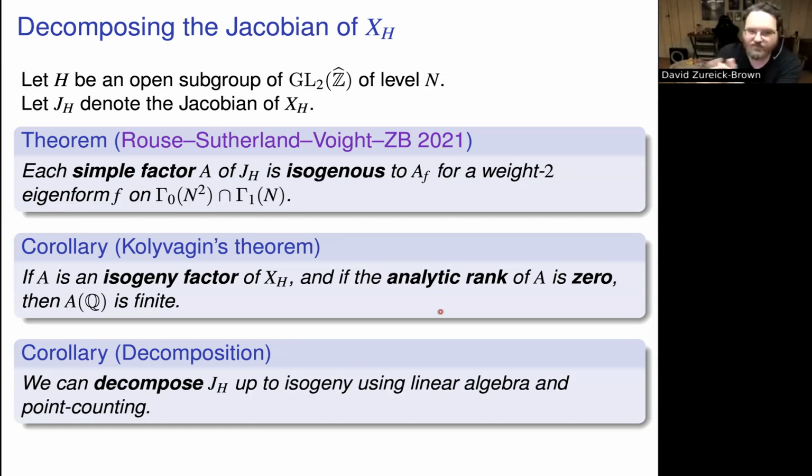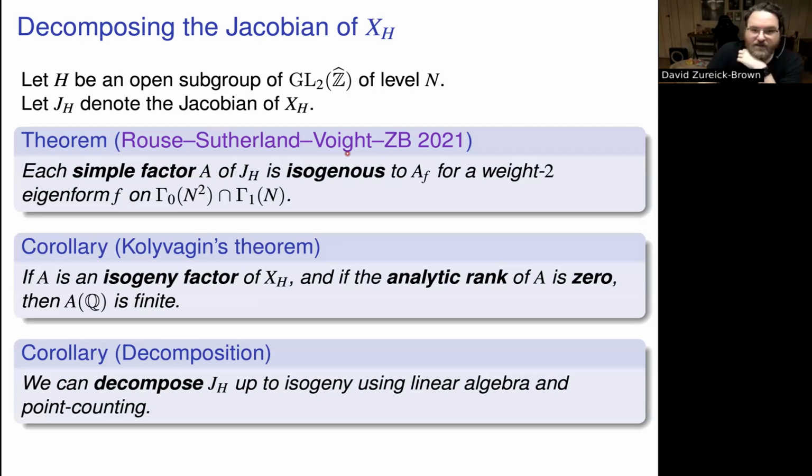So to do this, we needed two things. One is, again, we needed this point counting from before, but it was actually not known that the isogeny factors of these X_H's were modular. What I really wanted to know was that the isogeny factors satisfied Kolyvagin's theorem: they were finite if and only if the analytic rank was 0.